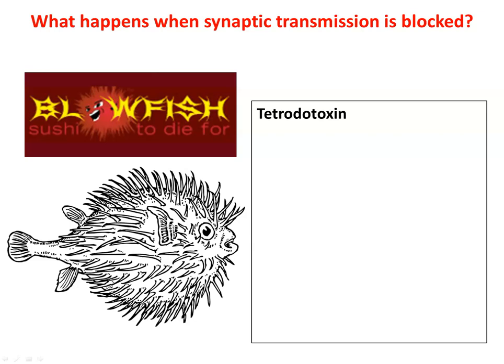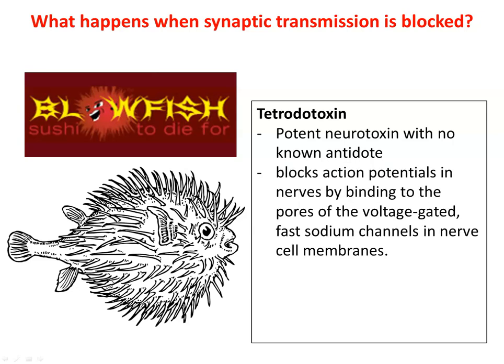Let's go forward with tetrodotoxin. It is a neurotoxin, and it has absolutely no antidote. So if you eat this, you're done. Why are you done? Because it will bind to sodium channels and block them, and there is no removing them. So what do you know about sodium?